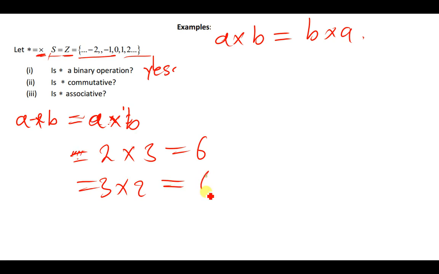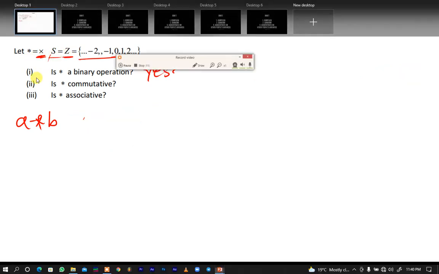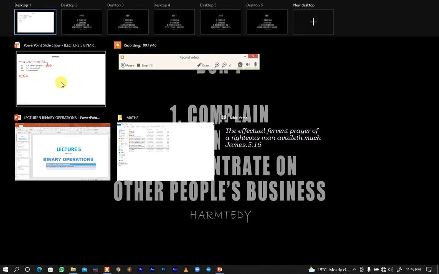The answer will still be 6. Since we've found that A times B is equal to B times A, which was 2 times 3 equal to 3 times 2, which simply gave us 6, this implies that multiplication, or star, is commutative. That's what it means.